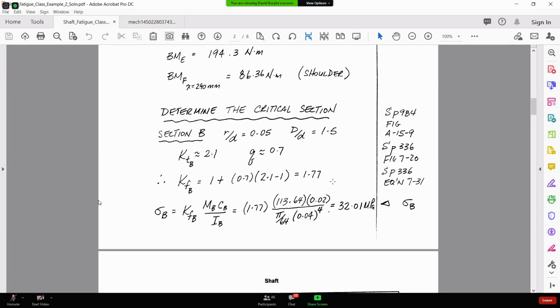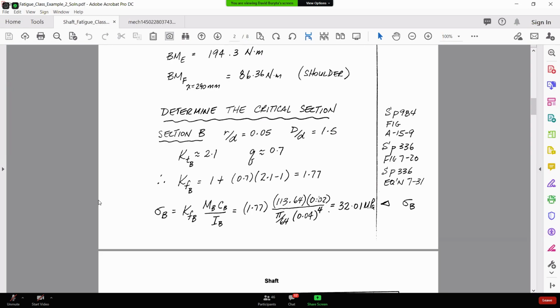Now, at this point, what I'm doing is finding the maximum stress. Remember, this MC over I is the nominal stress. To find the maximum stress at that point, I have to multiply it by my fatigue stress concentration factor.